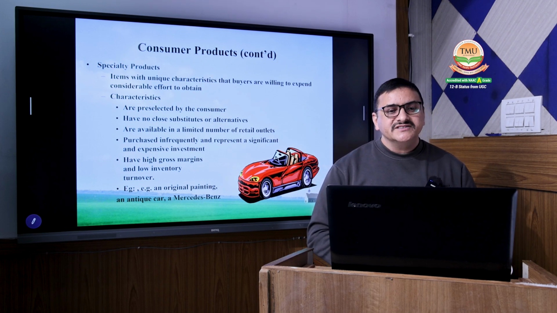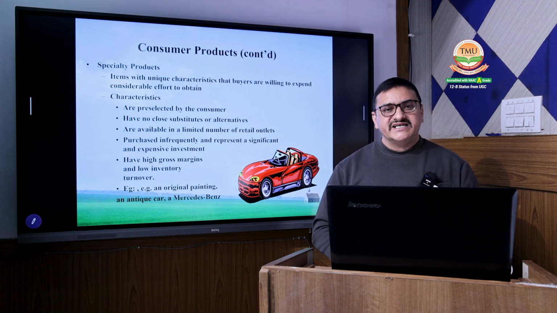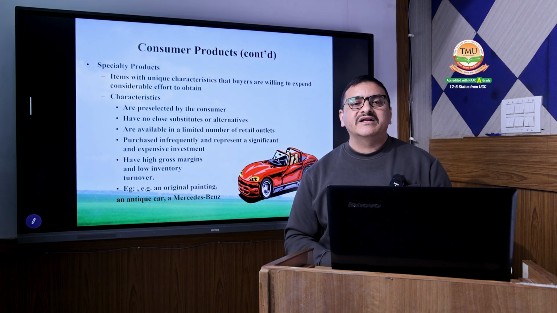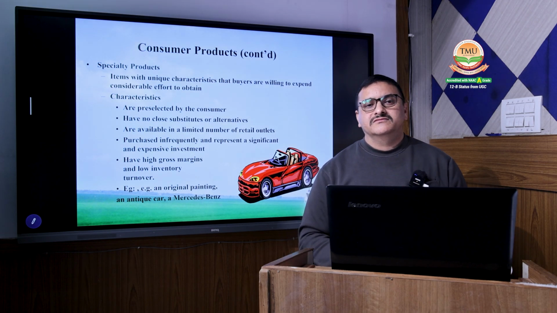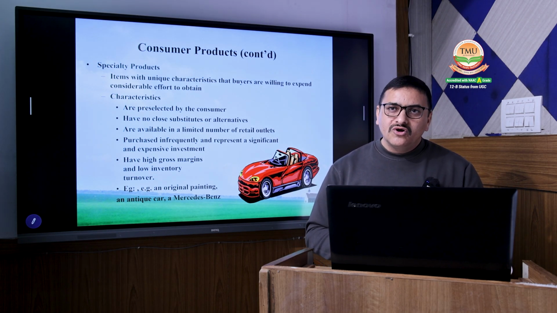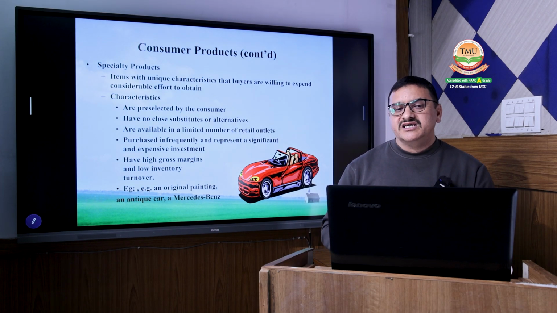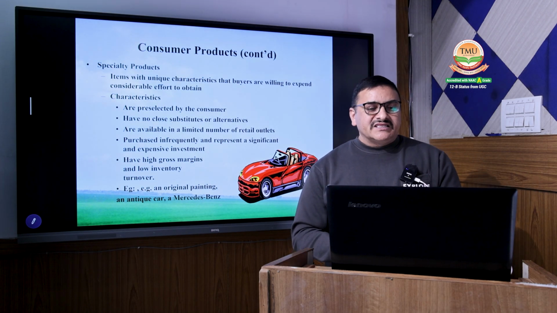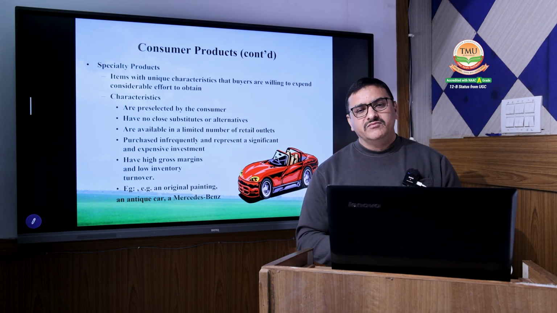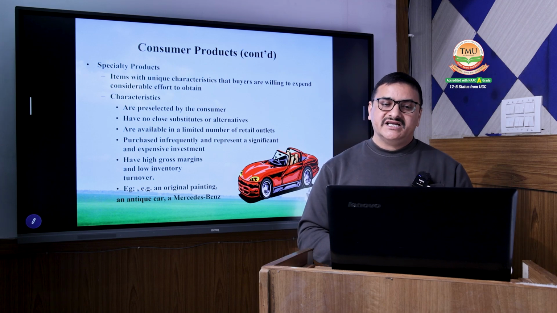The specialty products have certain characteristics. For example, they are pre-selected by the consumer. Pre-selected means the consumers are very much brand loyal when we are discussing specialty goods, and normally the consumer will not deviate from such products. Then they have no close substitutes or alternatives available in the market, which again reflects their unique characteristics.